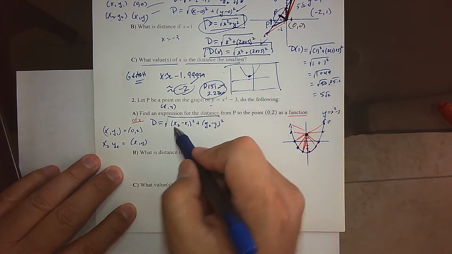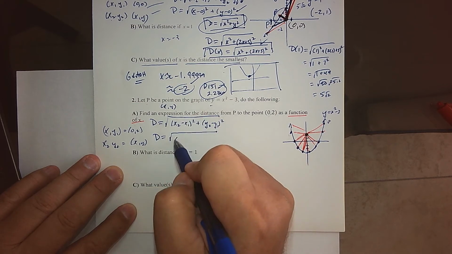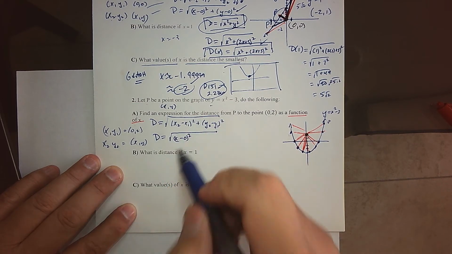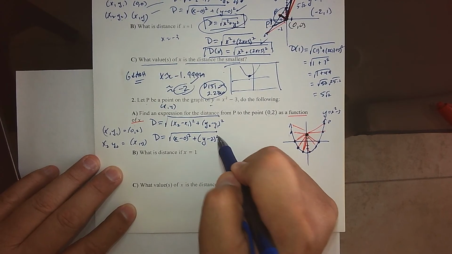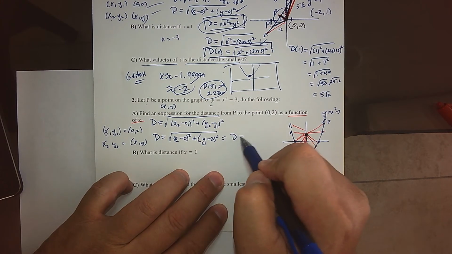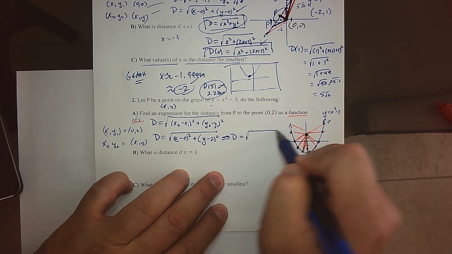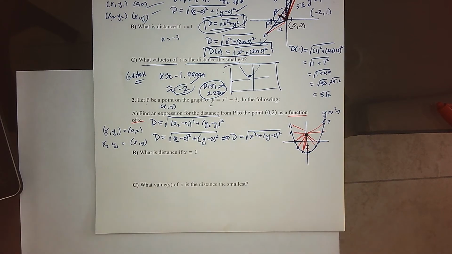So plugging this into the formula, we get d equals the square root of x minus 0 squared plus y minus 2 squared. So there's what our function is at the moment that we're working with.